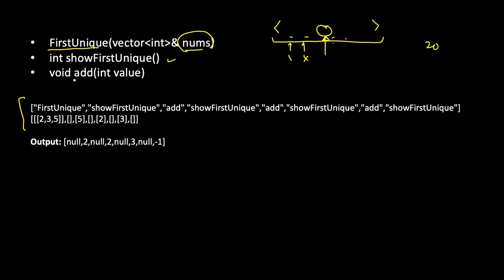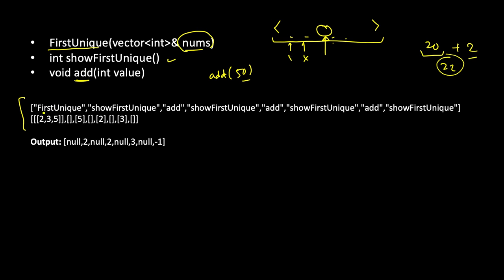And then you should write a function for adding a new value. Till now you had, let's say, 20 numbers, but the client may ask you to add 50, add 60. So you will add two more numbers to it, and now it should become 22. So you should have these three.